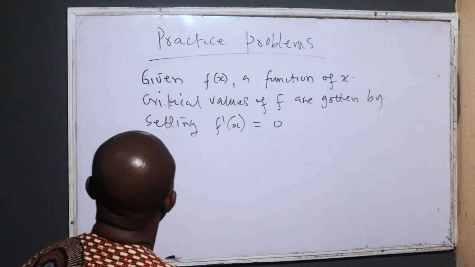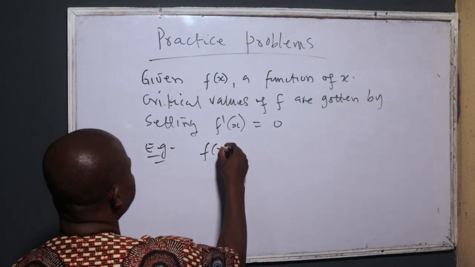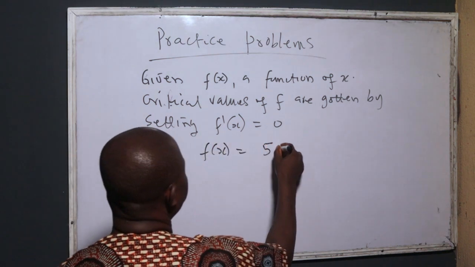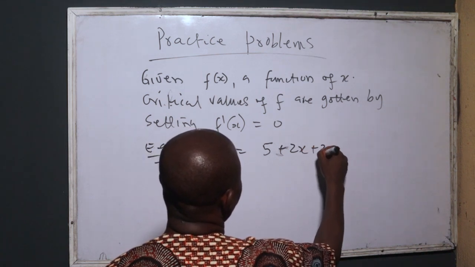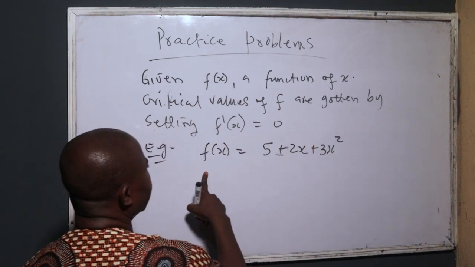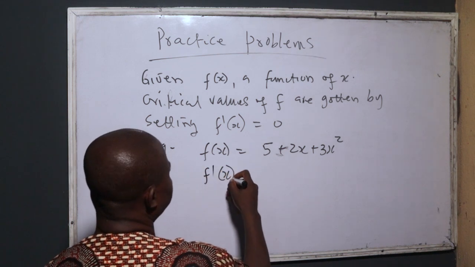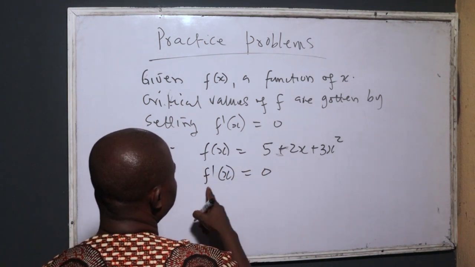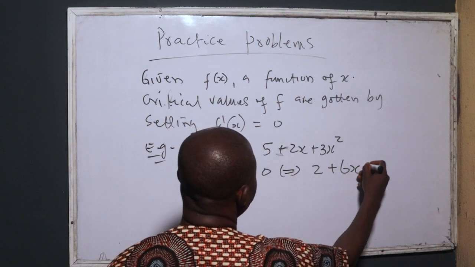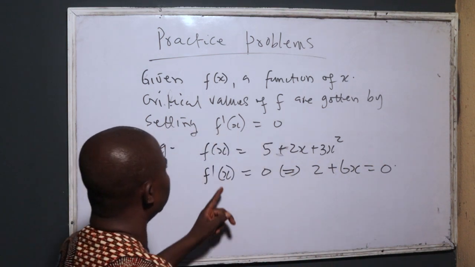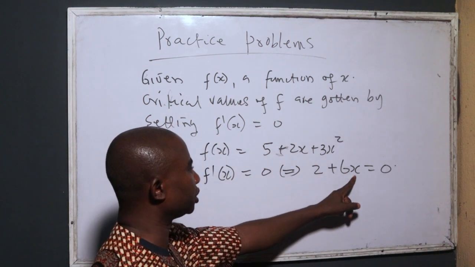So for instance, if I give you f of x to be 5 plus 2x plus 3x squared, what are the critical values of f? To do this, I compute the derivative of f and equate to 0. This is true if and only if 2 plus 6x is equal to 0, because the derivative of this function is simply 2 plus 6x.